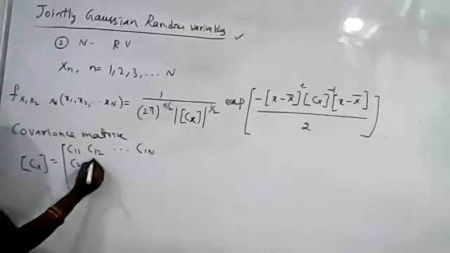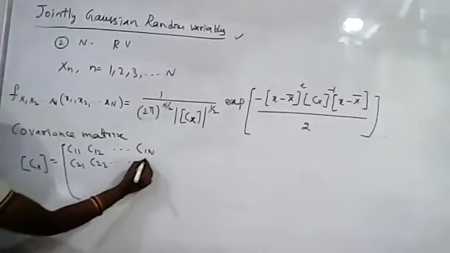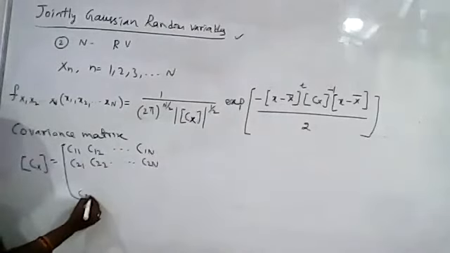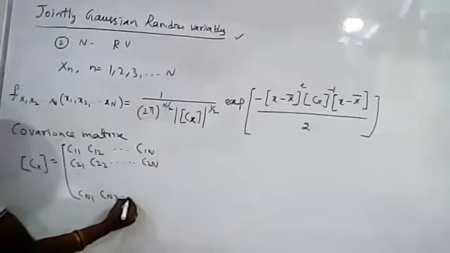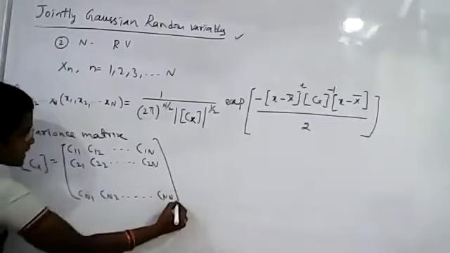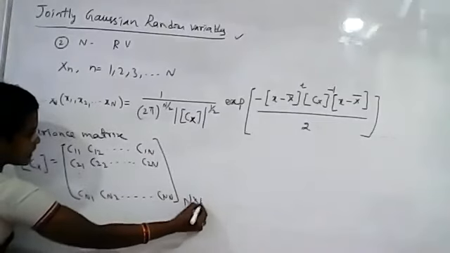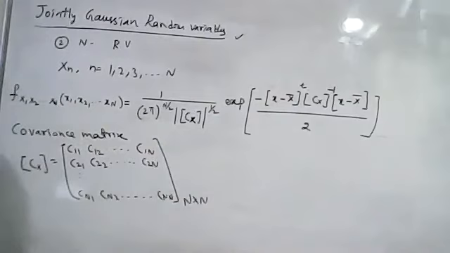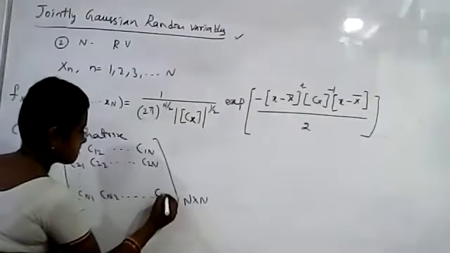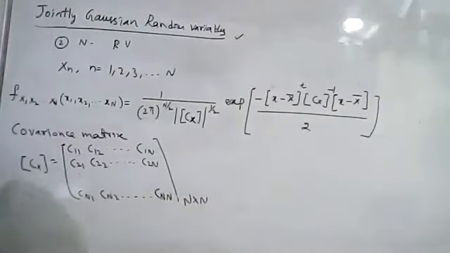Similarly, C21, C22, so on, C2n. This will continue till Cn1, Cn2, so on, Cnn. What is the size of this matrix? It is n by n. This is the covariance matrix.